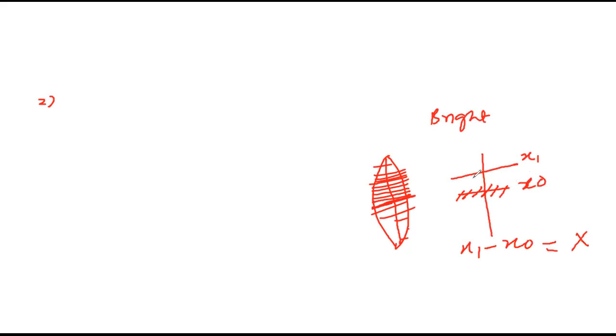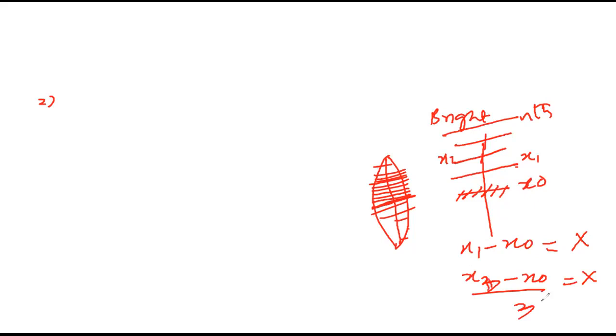But because two brights are very close, we don't only read first and second. We make this cross wire move over many bands. Suppose it is here, then x2 minus x0 divided by 2 gives fringe width, because there are two bands. If I go on third, then x3 minus x0 divided by 3. If I go on nth, then xn minus x0 divided by n.